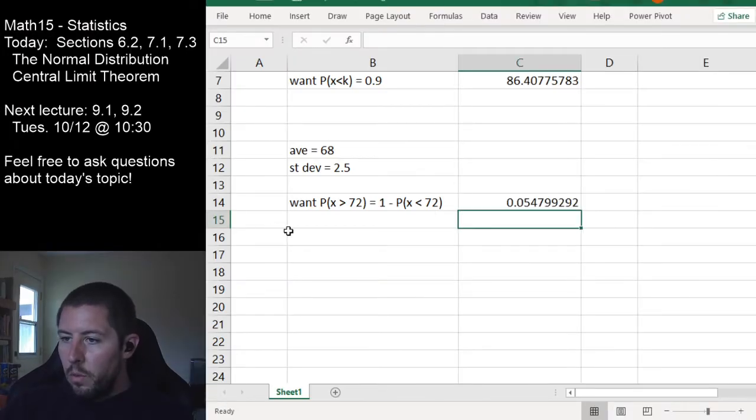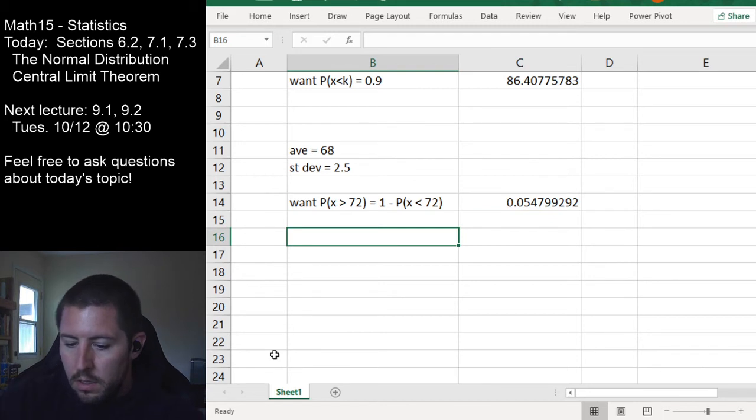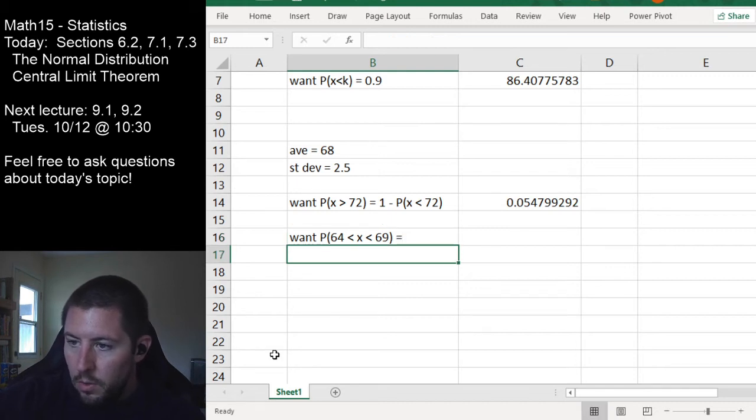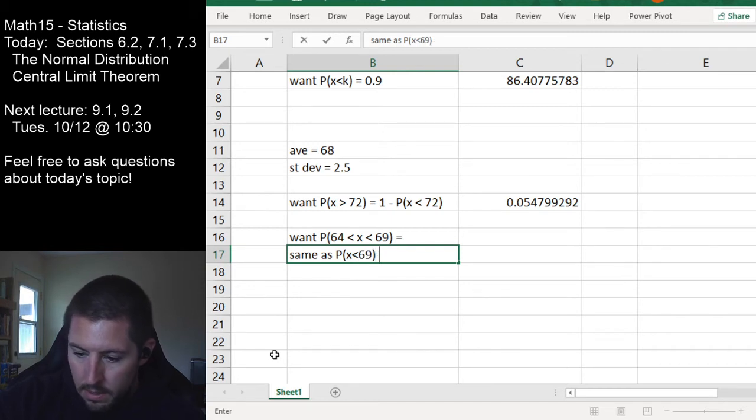Over here in Excel, we want the probability that 64 is less than x is less than 69. So I'm going to say equals, the probability x is less than 69 minus the probability that x is less than 64.